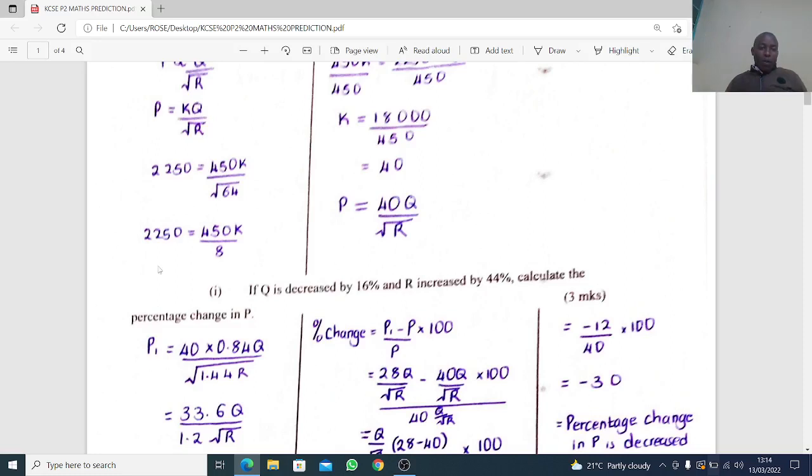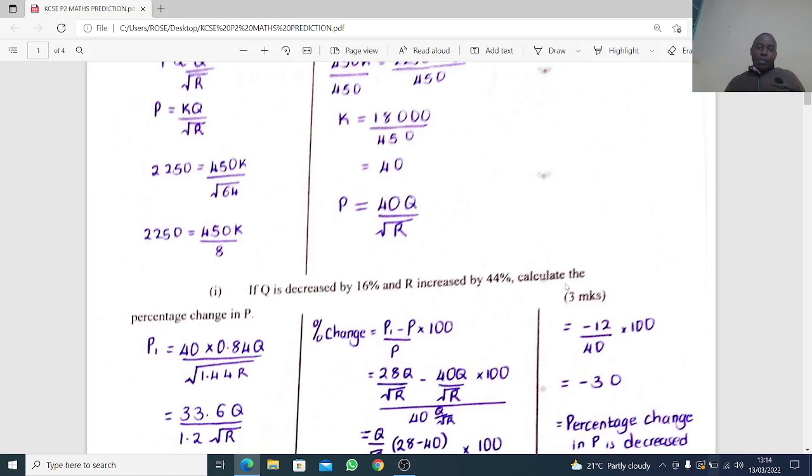That is our P1. So you write your P, the first P, to be the way it is, P here. Then the second P1 is now 40 times 0.84 times Q, the way it is, because it is decreased to 84%. Then all over, we are told that R is increased by 44%.